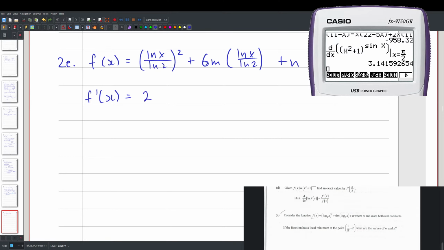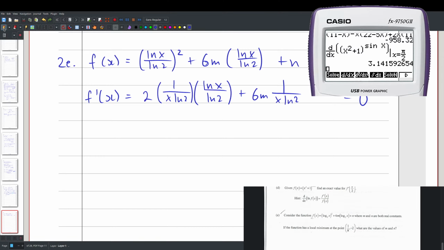You got 2, you yeet the inside, so the inside becomes 1 over x ln 2, and then you just keep it, so you go ln x over ln 2. There's probably a better way to do it, whatever. Plus 6m 1 over x ln 2 equals 0. Oh, there's no plus n, because you differentiate and it's a constant.